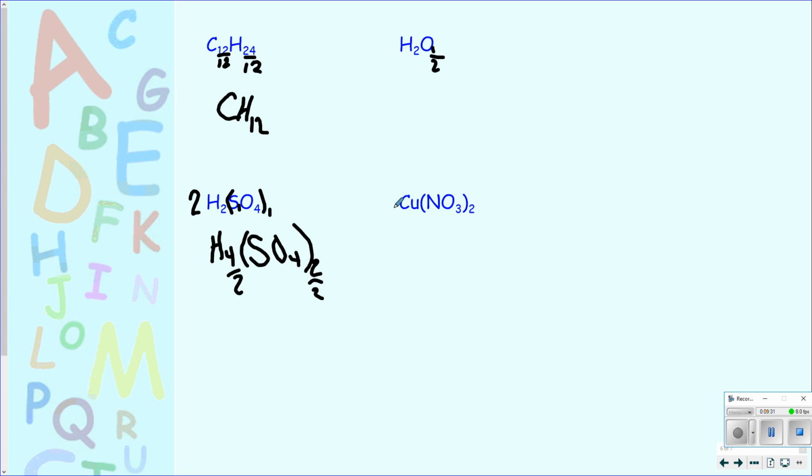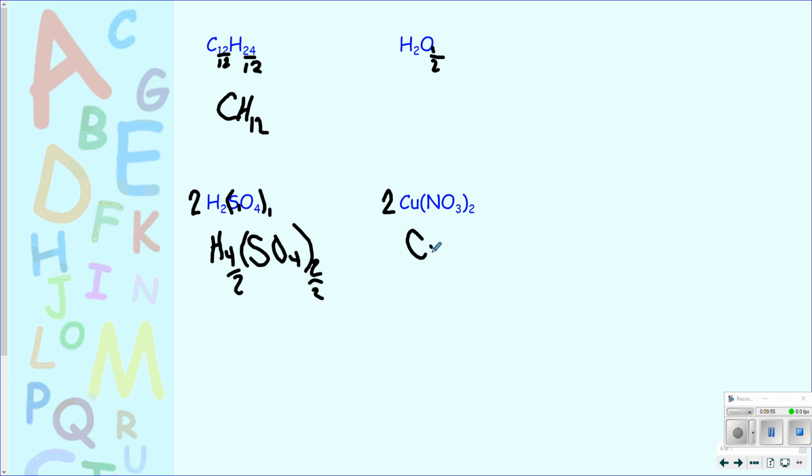And with this formula here, you already have your parentheses around the NO3, so we know we cannot change what's inside of the parentheses. But can we change what's outside of the parentheses here? You bet. So let's use the number 2 again. We could use any number we wanted to make this into a molecular formula, but let's just all use 2 so it's the same.